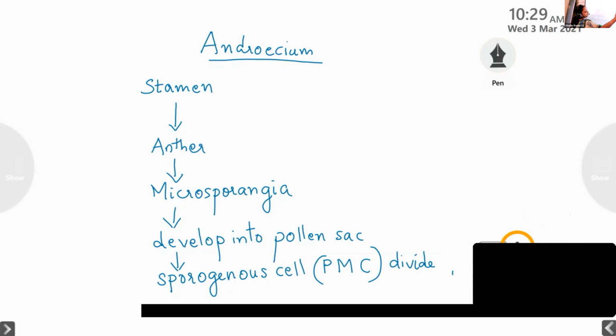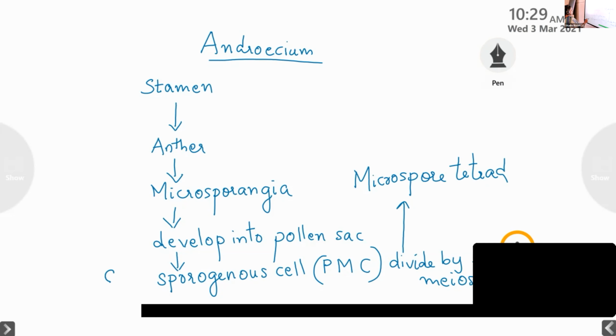They divide by meiosis, and they will form microspore tetrads. So each cell in the sporogenous tissue is a potential pollen mother cell.